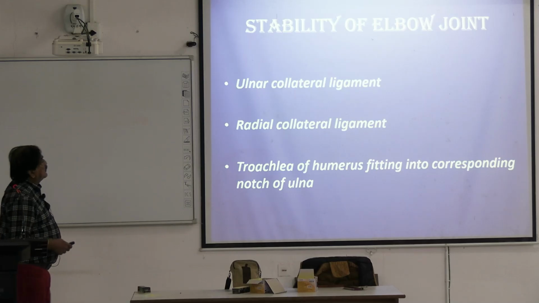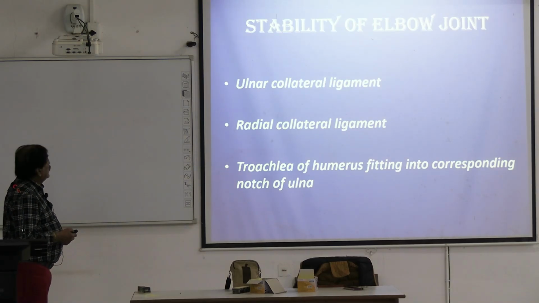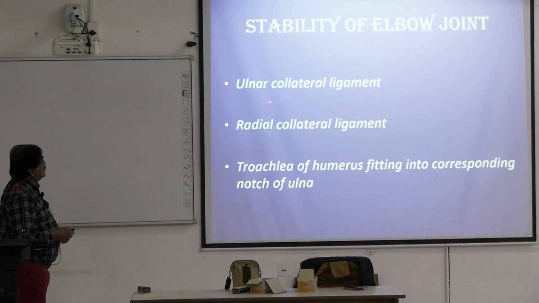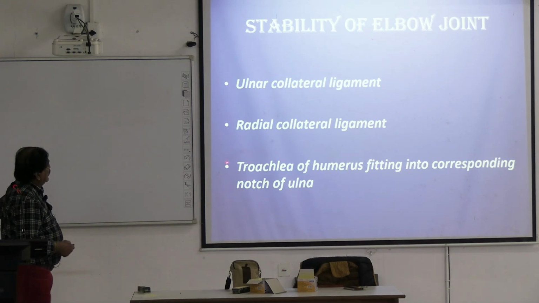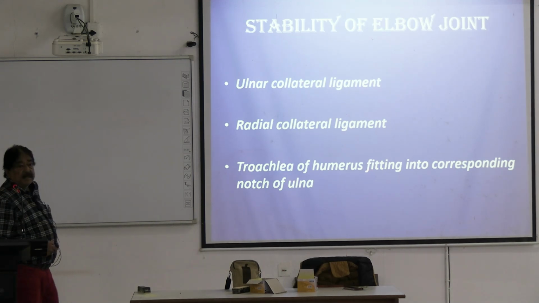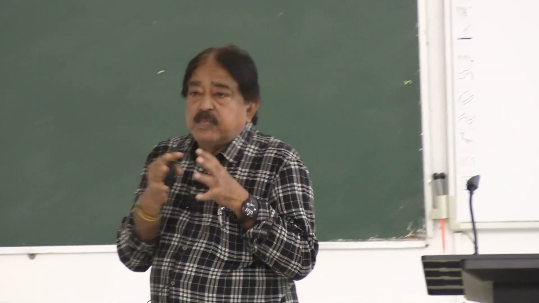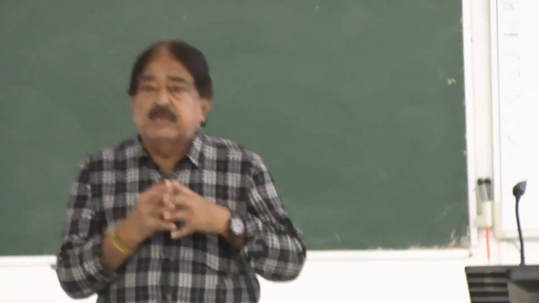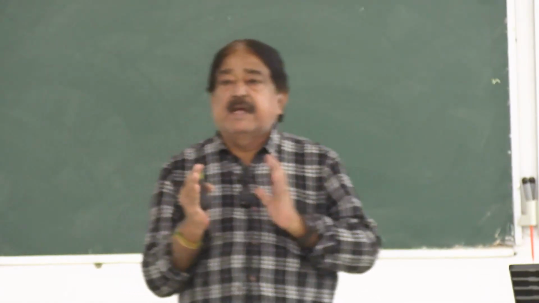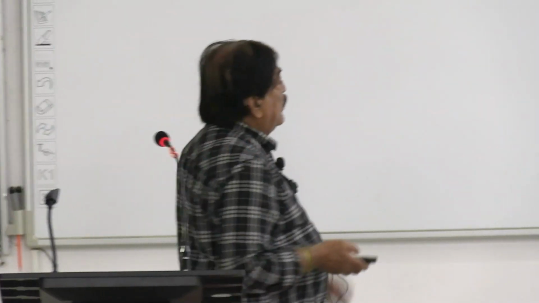Now, stability of the elbow joint: the ulnar collateral ligament, the radial collateral ligament, and the trochlea of the humerus fitting into the corresponding notch of the ulna. At the beginning I told you that the bony surfaces articulate and are covered by the capsule to give protection, plus the synovial fluid is there.